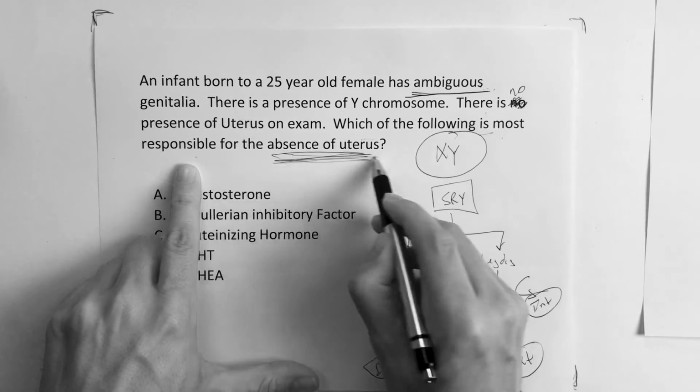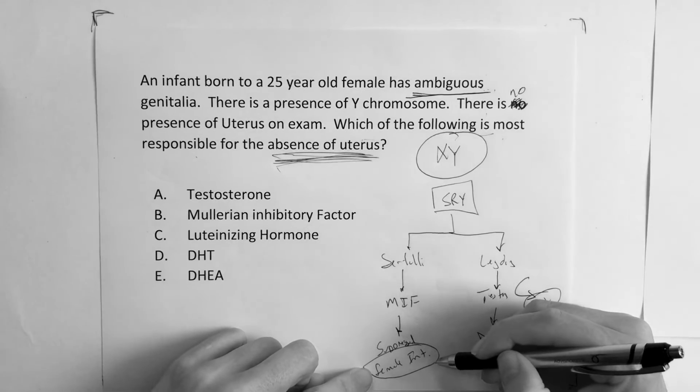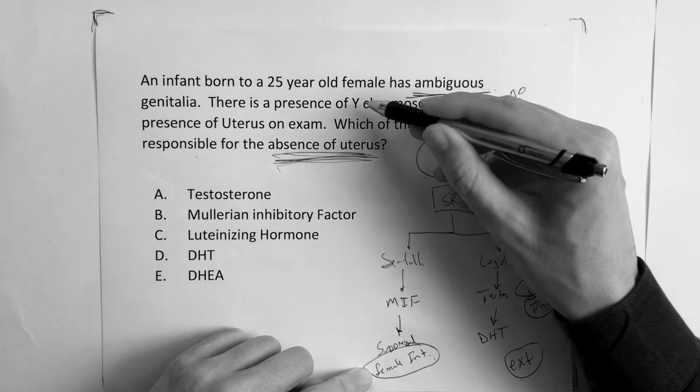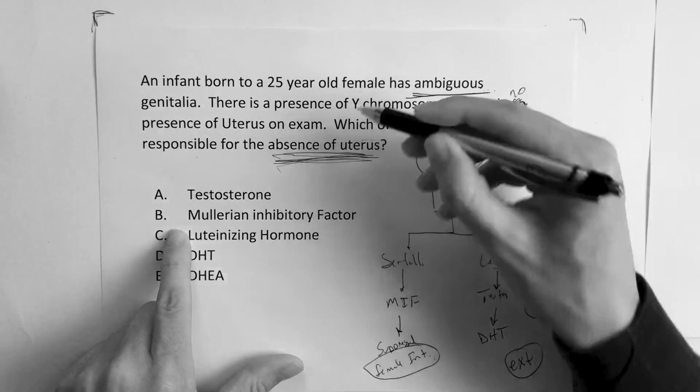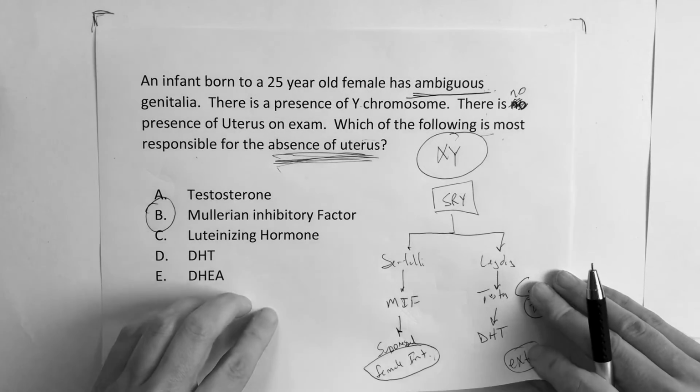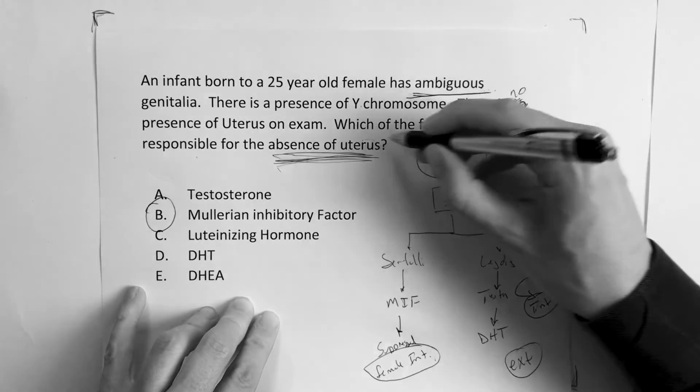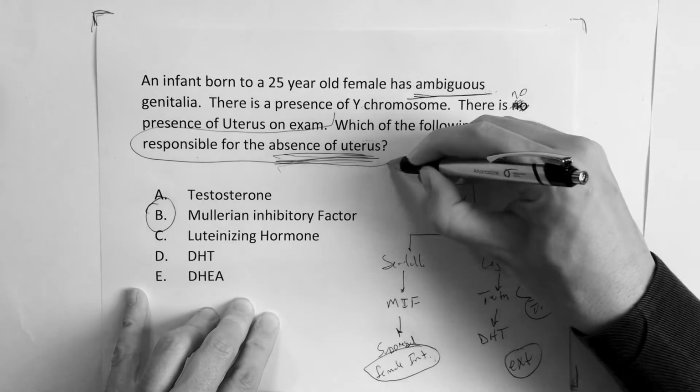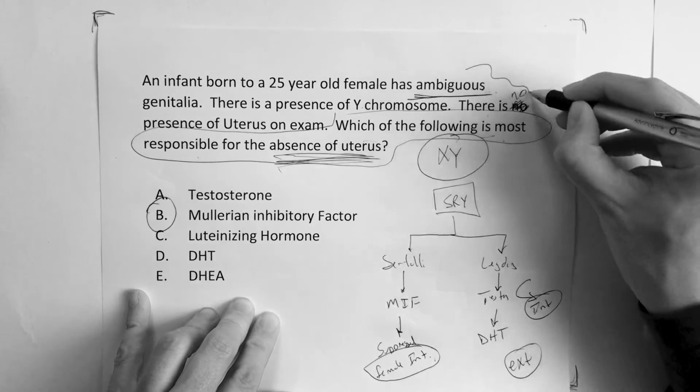Well, we know the absence of a uterus, especially when it comes to a male, is going to be due to the Mullerian inhibitory factor. So, when I read this, I should have known what the real question is. This is the real question. All this is kind of smoke and mirrors.